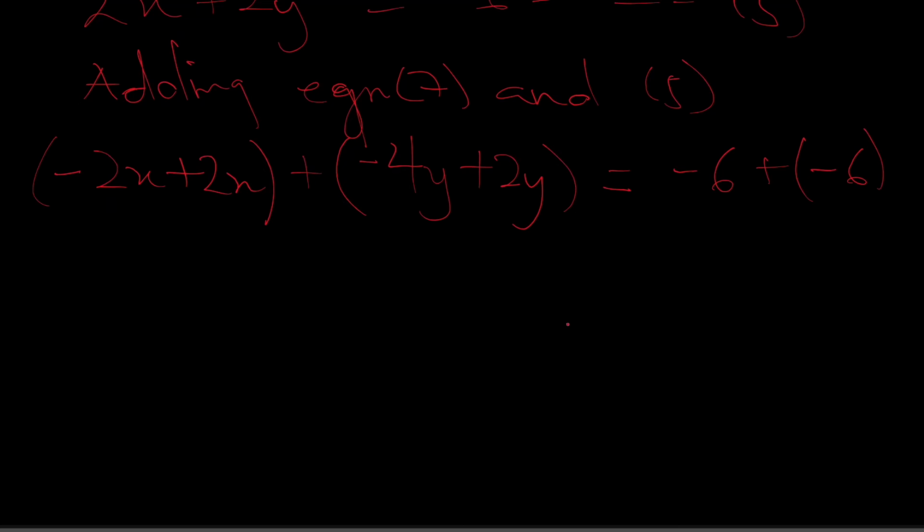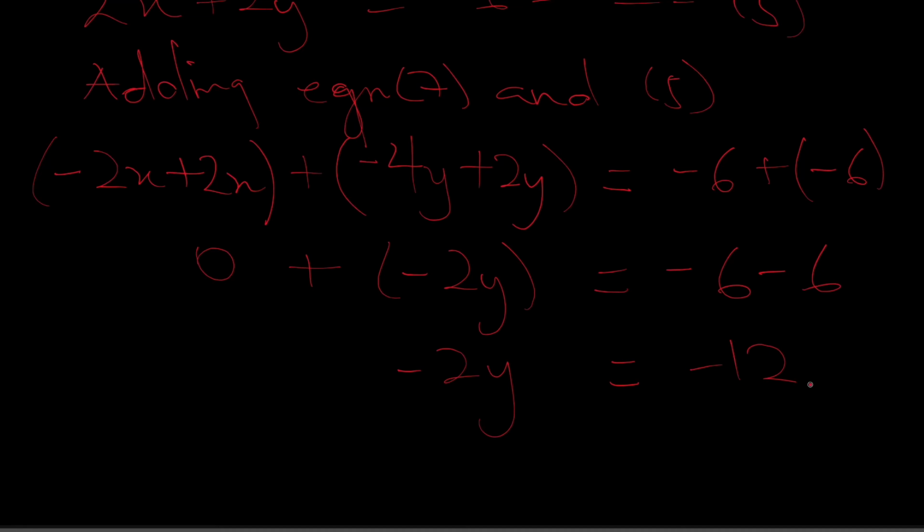So negative 2x plus 2x is 0. Negative 4y plus 2y is negative 2y, equals negative 6 minus 6. So we have negative 2y is equal to negative 12.